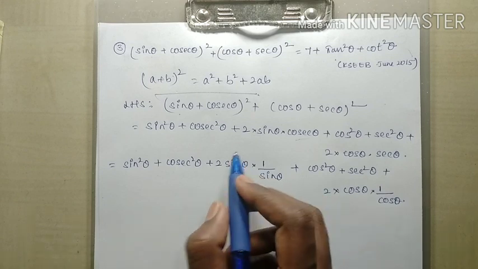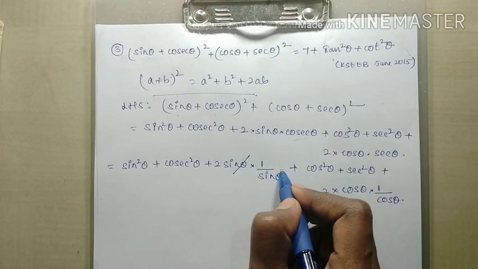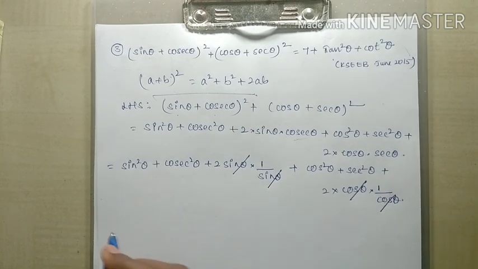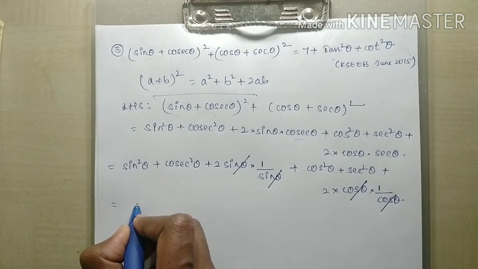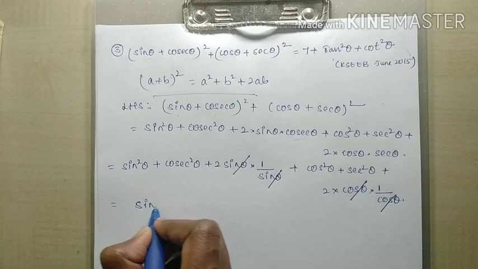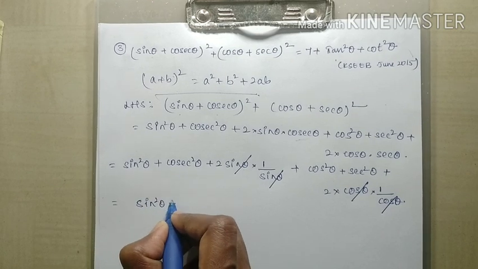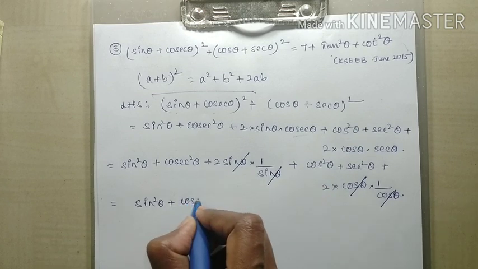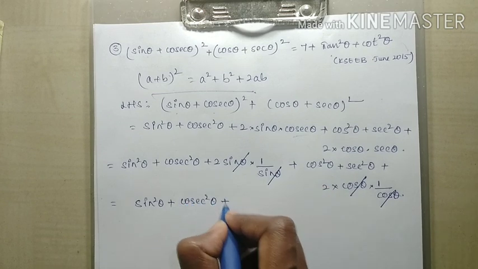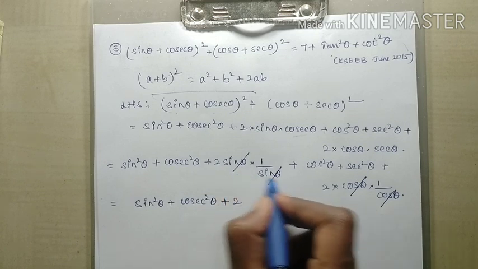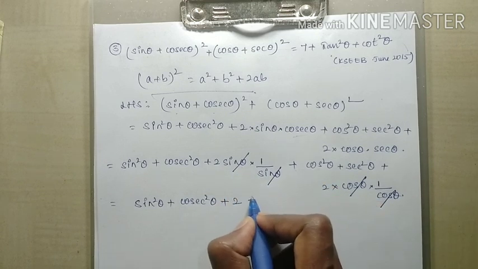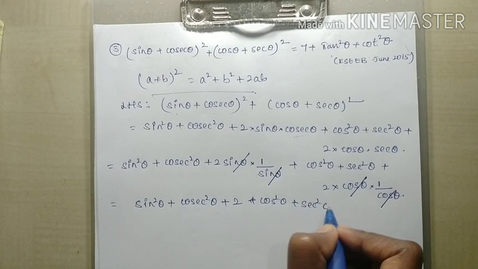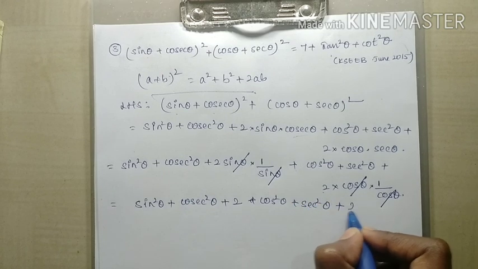So now here sin theta will get cancelled and cos theta will get cancelled. So remaining I will write it sin square theta plus cosecant square theta plus 2 is remaining here. Now plus cos square theta plus secant square theta plus 2.